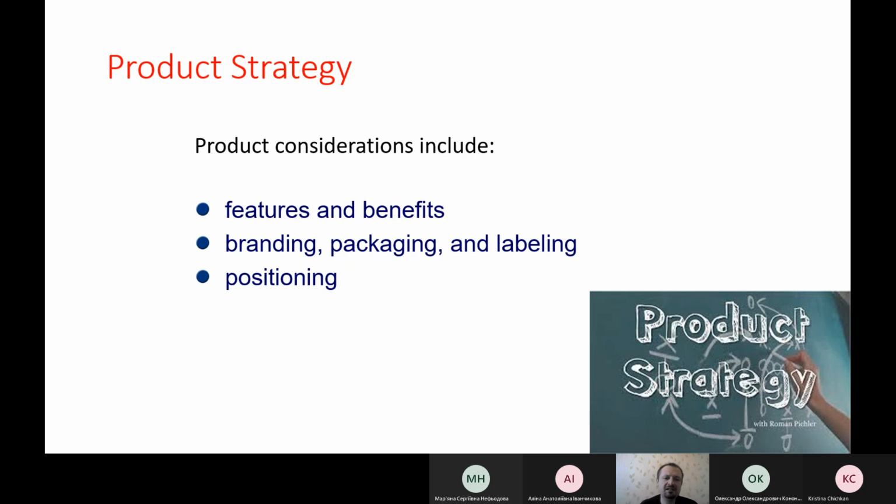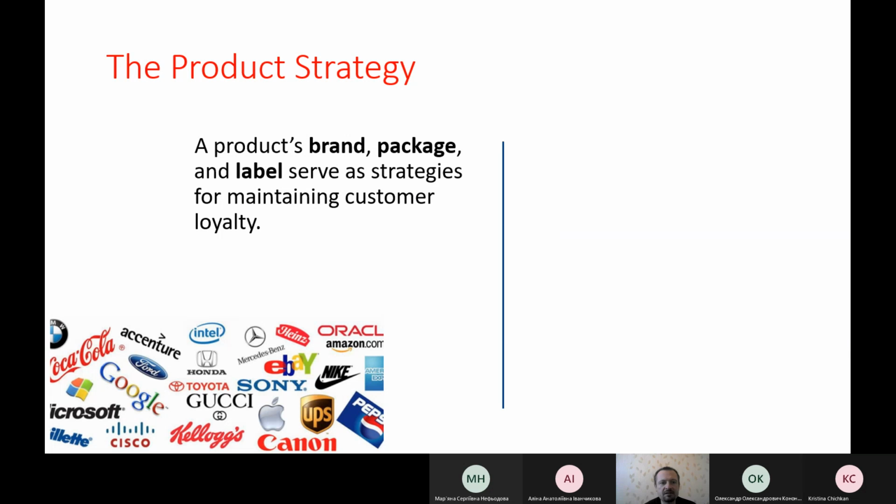We can see this situation at any market, that there are no more mass products which can satisfy the needs of all customers at some market. No more. So in your subchapter connected with product strategy, you have to describe these three main parts.